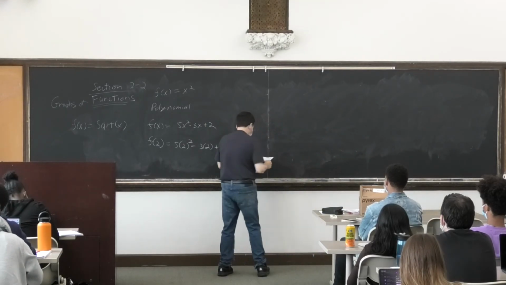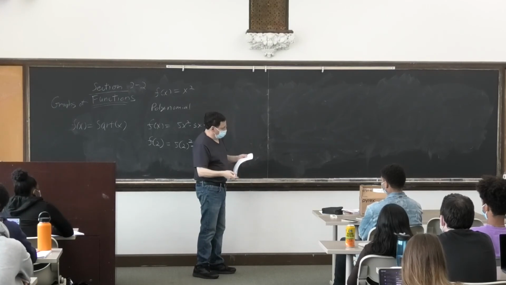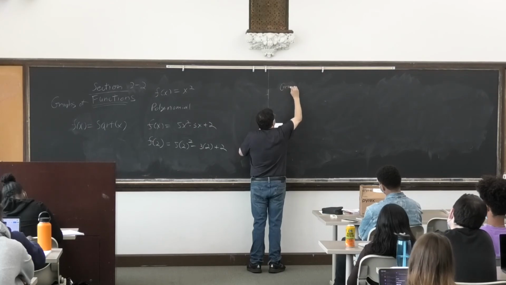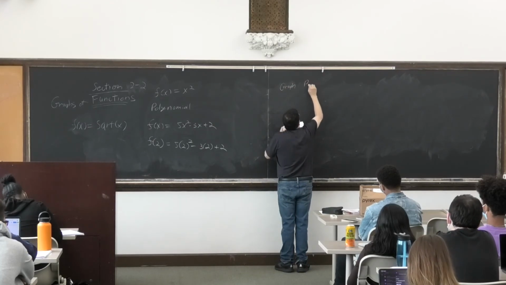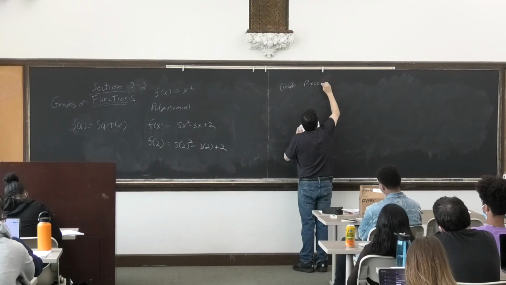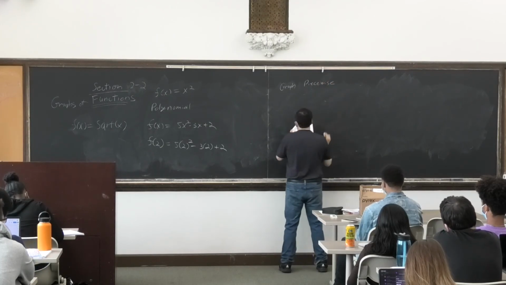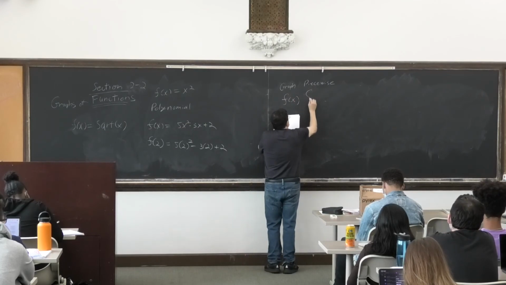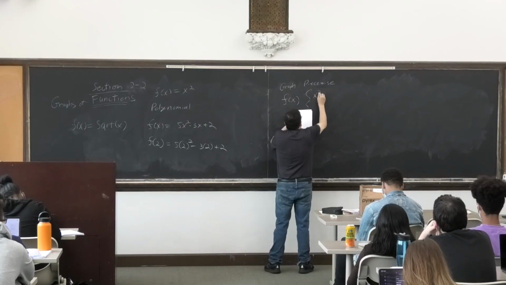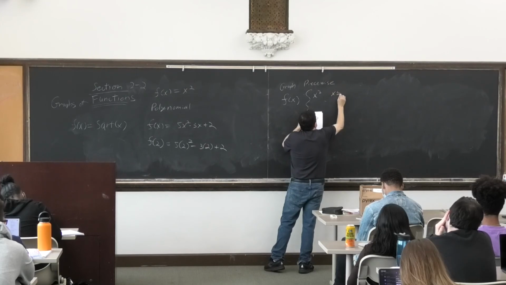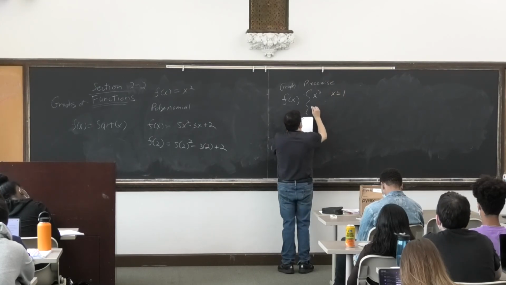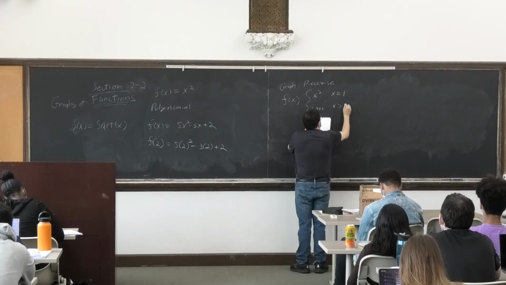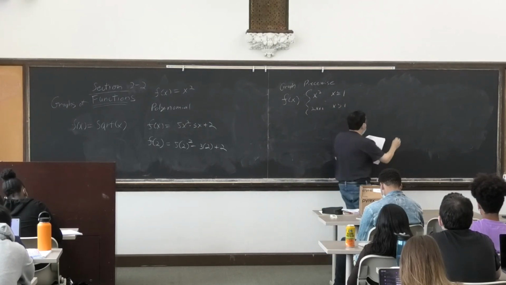So this is just an example of graphing a piecewise function. If my function was x squared for x less than or equal to 1, and 2x plus 1 with x greater than 1, how do we go about that?